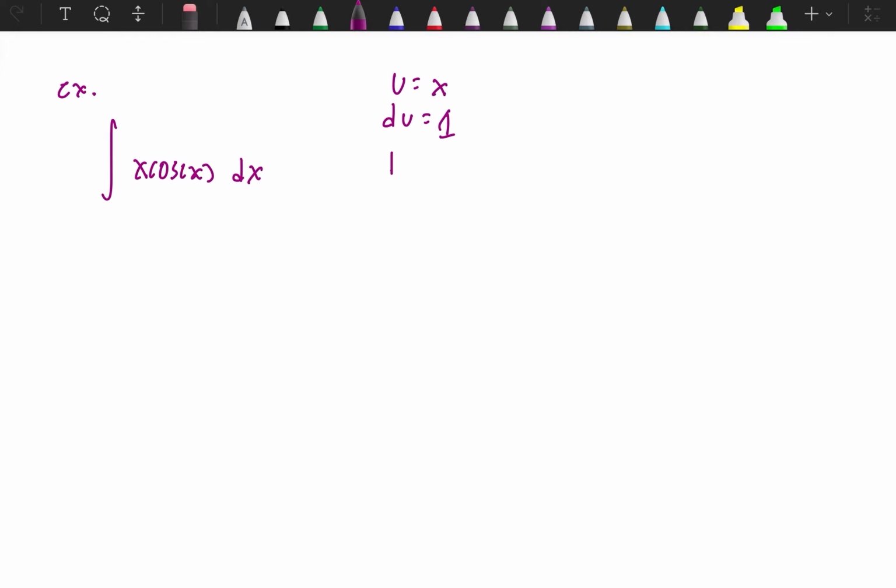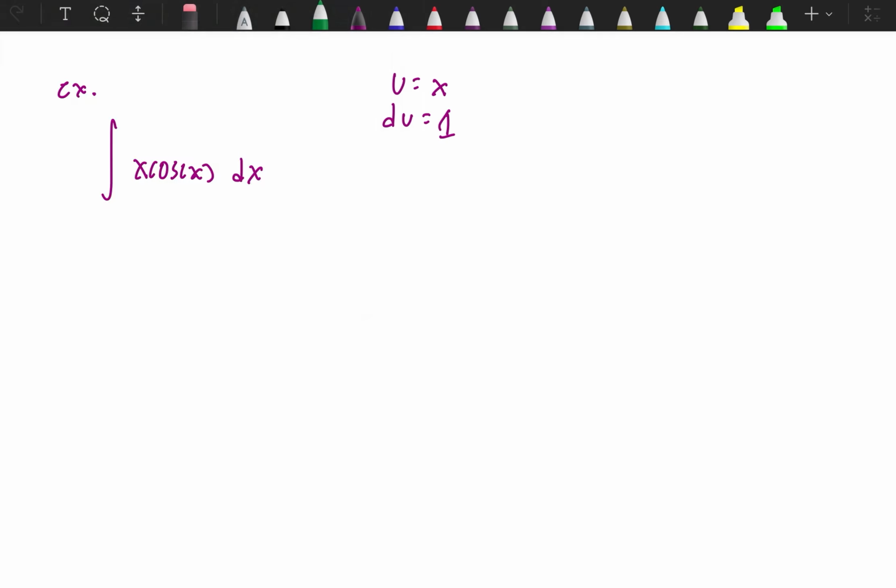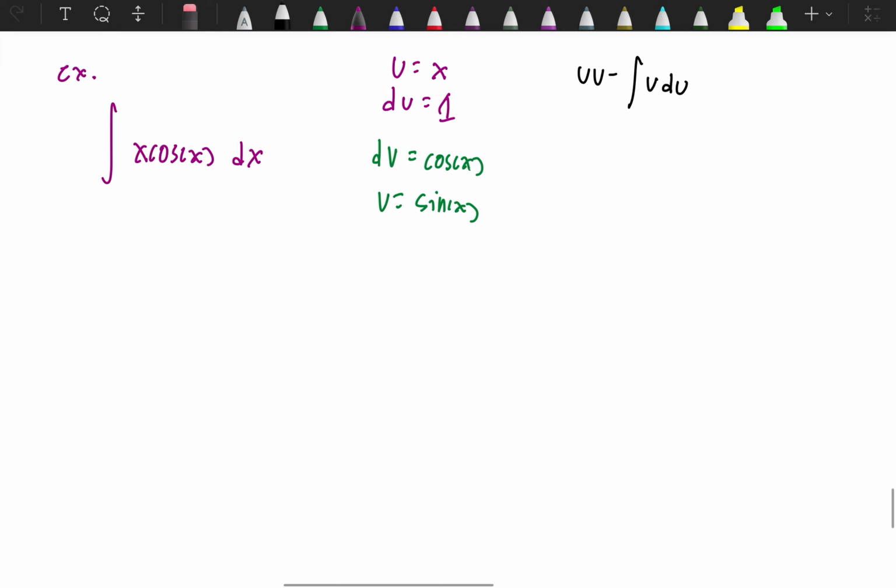So then you have dv. We're going to have dv equal to cosine of x. And then v is going to equal sine of x. Since our formula is uv minus v du for the integration by parts, you can just plug in for your formula.